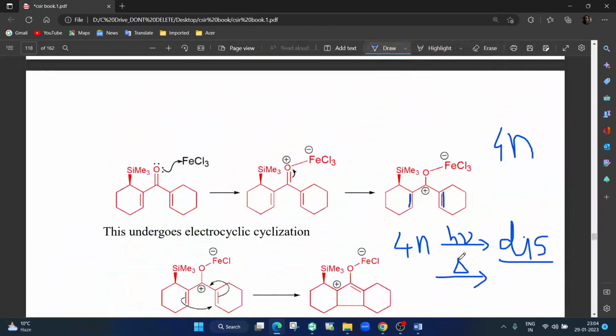It is hot compared to -1 or -2 or -20, right? So that should be conrotatory. If it is a 4n plus 2 system, then h nu will be con, thermal will be dis. So now we know this rotation will be conrotation. Why it occurs, that I'll also explain in a jiff.